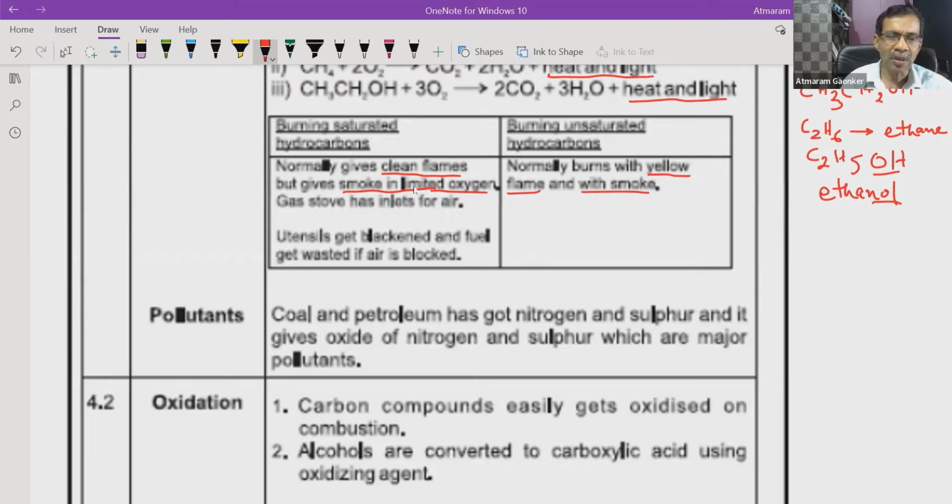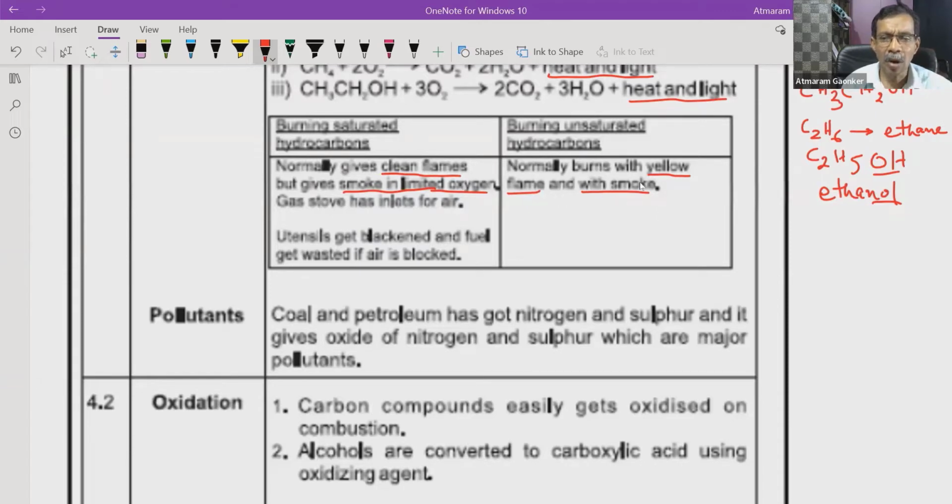This is the difference between saturated and unsaturated: saturated burns with a clean flame, unsaturated burns with a yellow flame. Saturated does not give any amount of smoke, but limited smoke in the case where oxygen is limited.